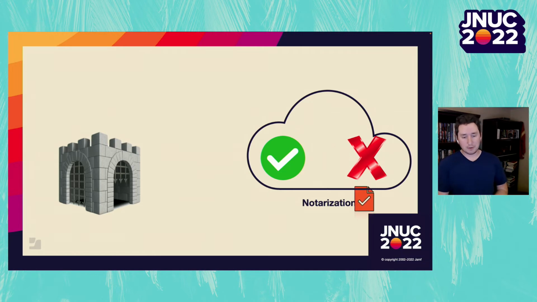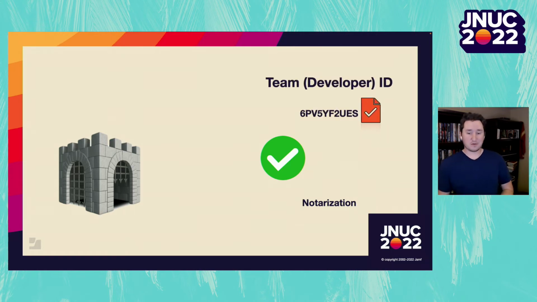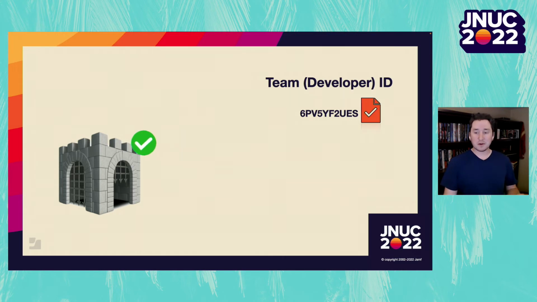And when you're done developing your application, you actually have to take that notarization and basically staple it to your application when you distribute it. So luckily, this piece of software that we're hypothetically running has been notarized with this team ID, and the team ID was not found in the block database. So this one passes the Gatekeeper check. Now, this is a lot going on under the hood.